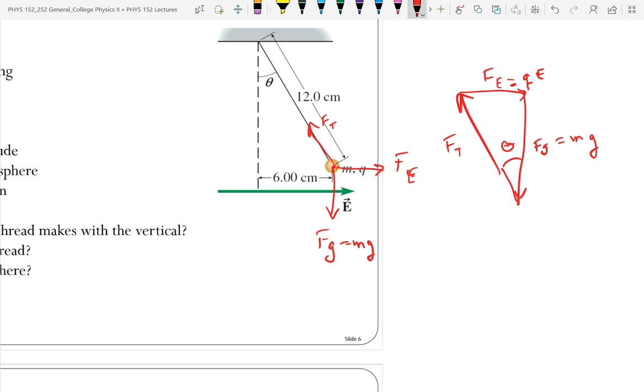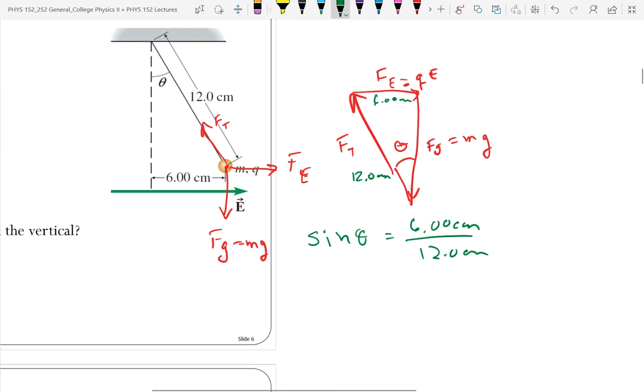I don't know what theta is, but I know this side has, I'll just change colors, this side has a length of 12.0 centimeters, and this side has a length of 6.00 centimeters. So that means sine of my angle is equal to 6.00 centimeters over 12.0 centimeters, or 1/2.